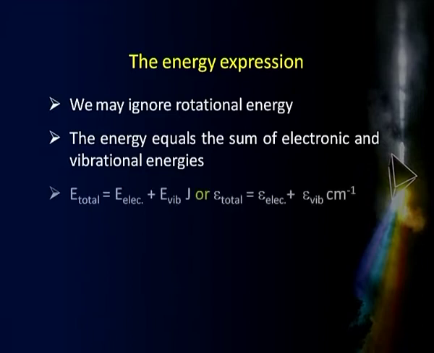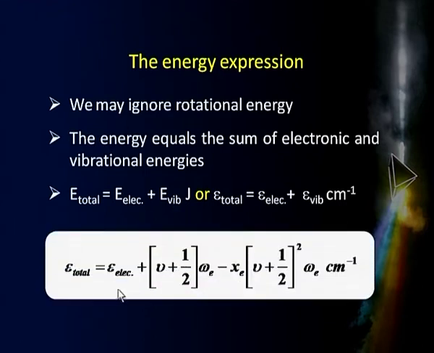If we substitute the expressions for them, electronic energy we are taking as E electronic, and this is the expression which we worked out when we talked about the vibration spectrum. This is a typical expression for my vibration energy levels. So, the total energy will be equal to the sum of electronic energy plus the vibration energy. Okay, so that is the energy expression we have.